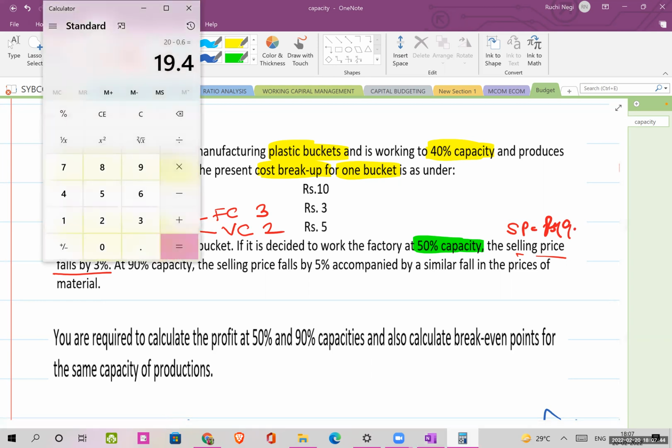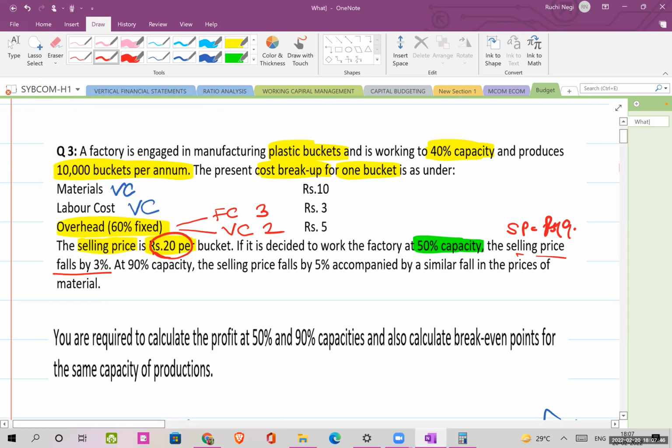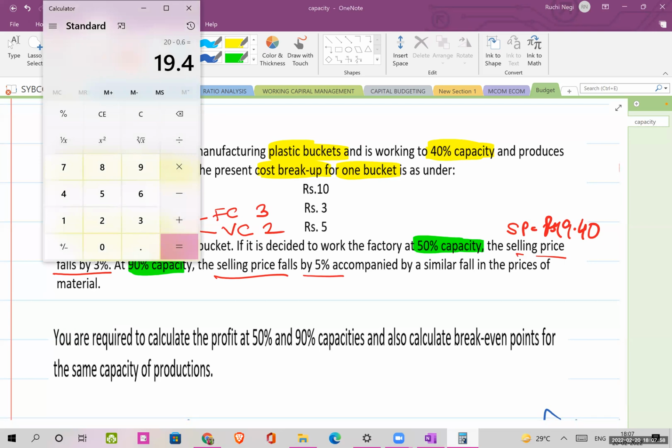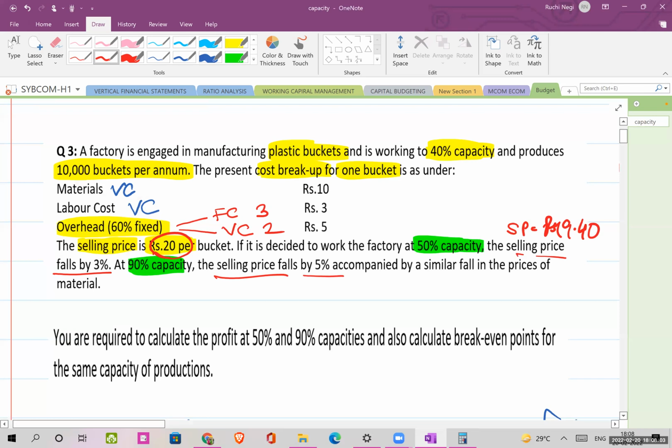Then they want you to calculate for 90% capacity, and at 90% capacity the selling price will fall by 5%. So 5% down from 20 rupees comes to 19 rupees.